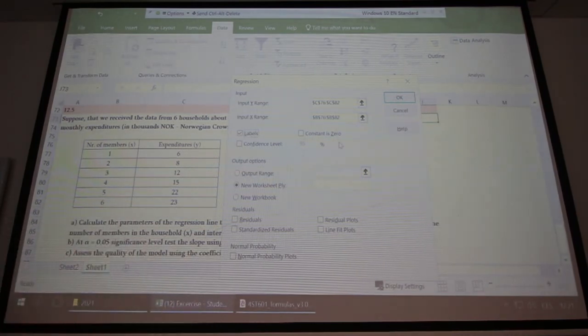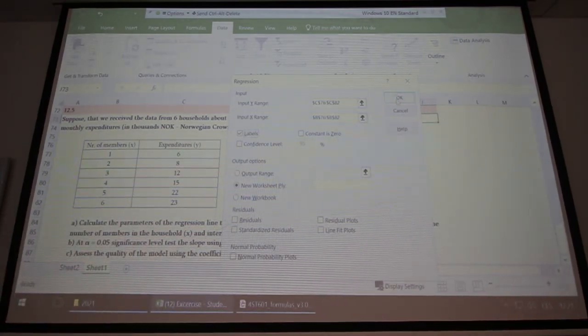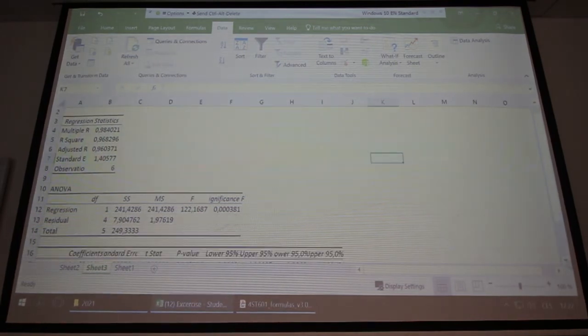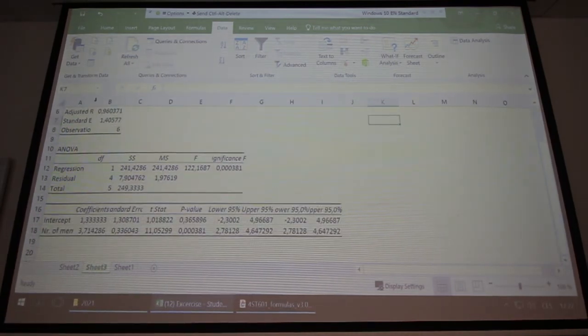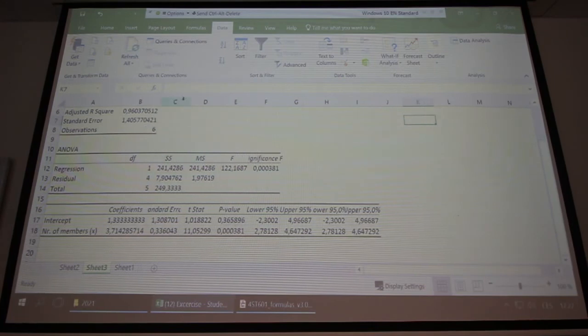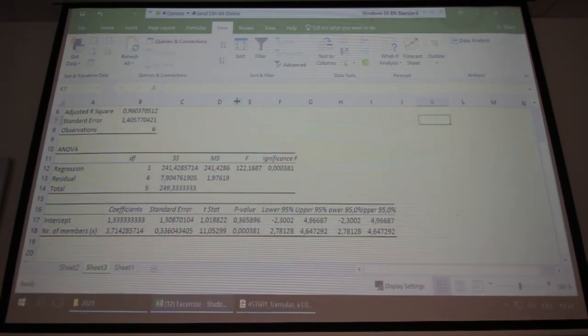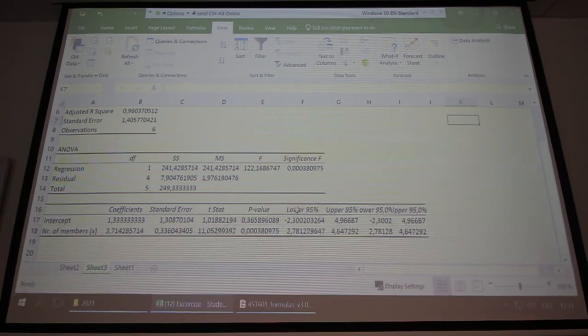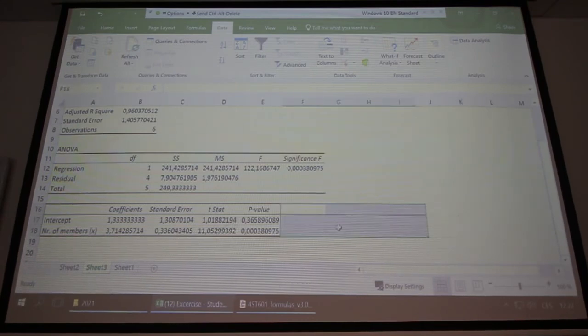The least squares method will calculate the coefficients, and also the standard errors of our estimate.